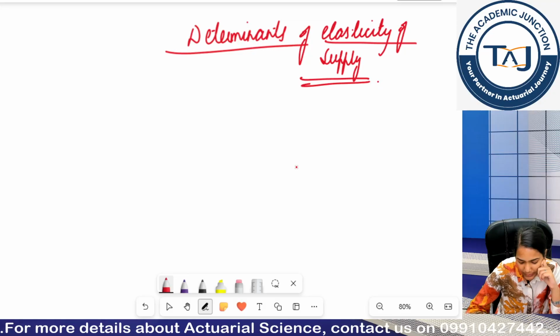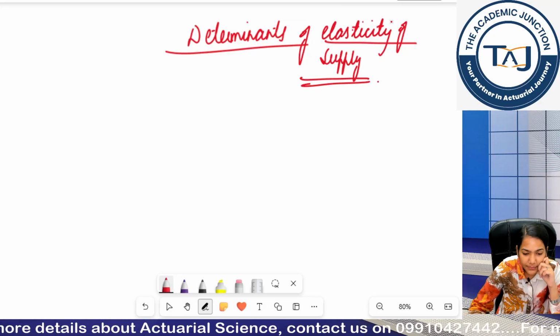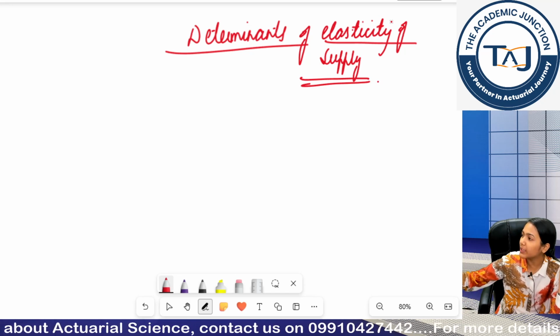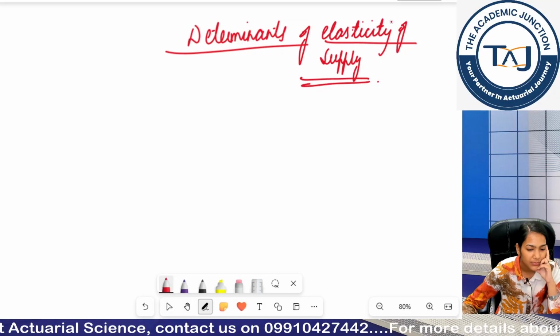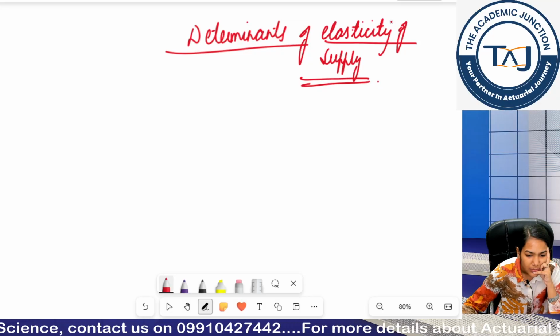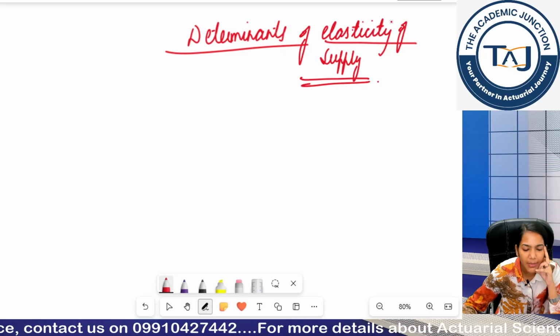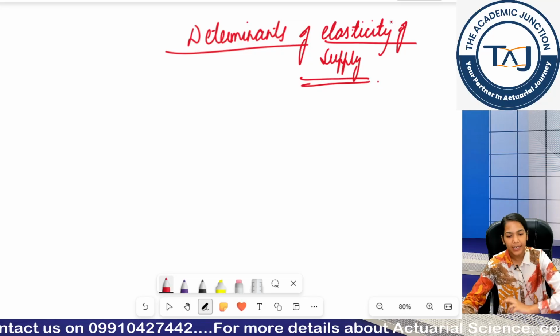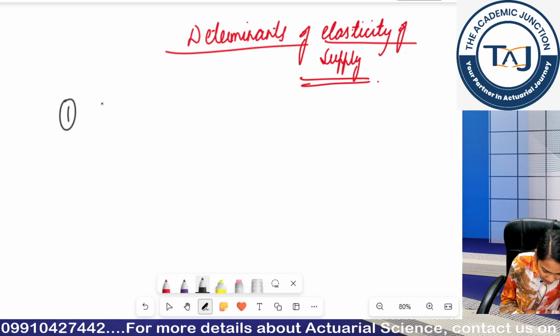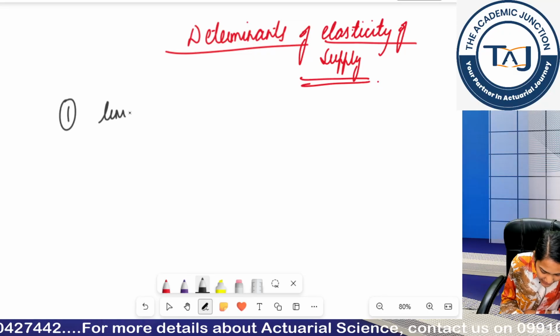You tell me, think, because the exam is only about thinking. So, what can be my determinants of elasticity of supply? Yes, first one someone gave me, very good. It is time period.